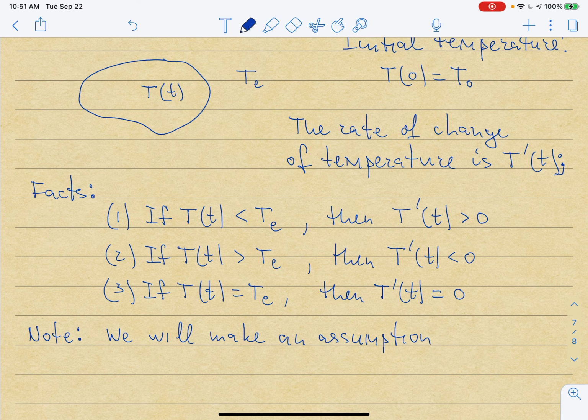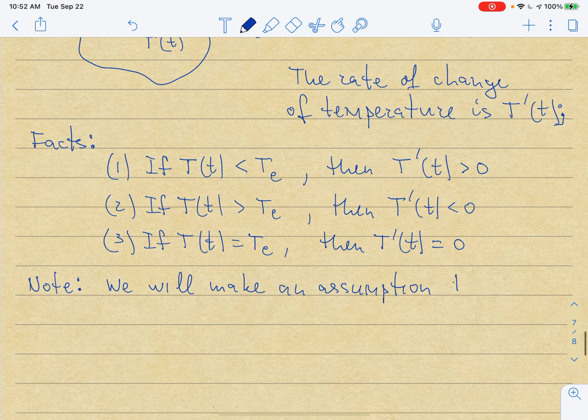So temperature will be a function of two variables, and then the equation that we'll have to produce would be not an ODE, but a PDE, a partial differential equation, because the temperature distribution will be described by a function of two variables, time and space. So we assume that the temperature is the same throughout the body.